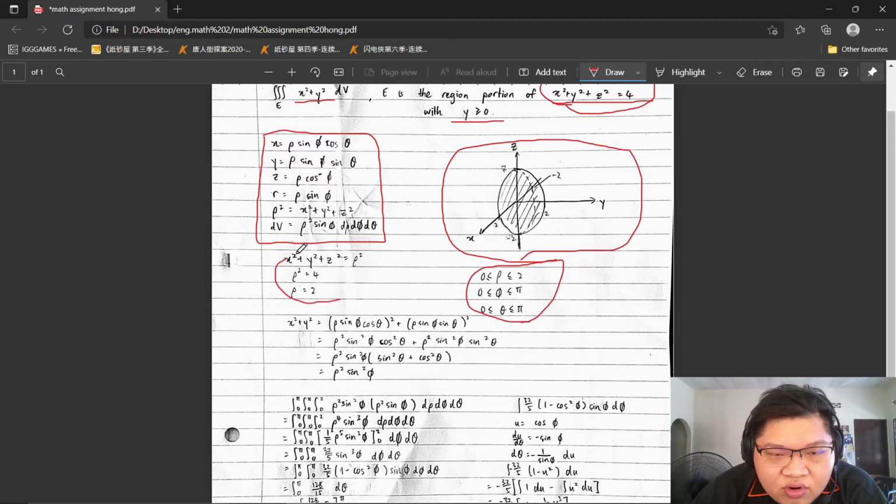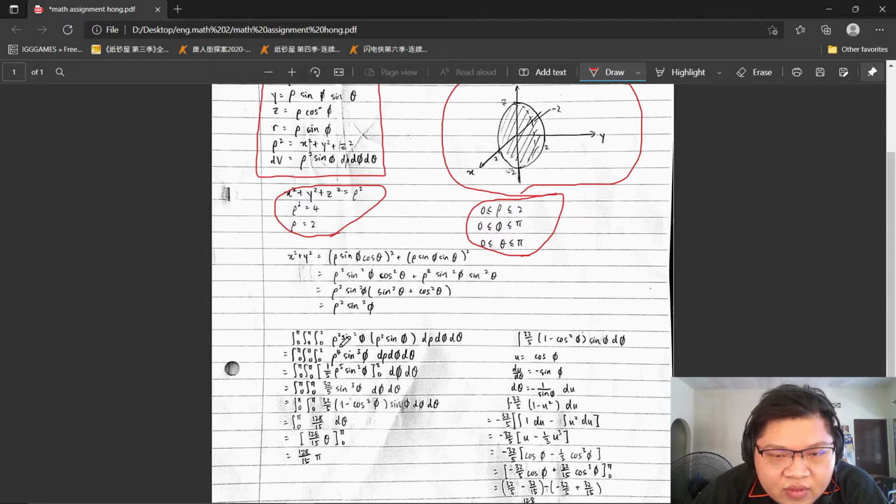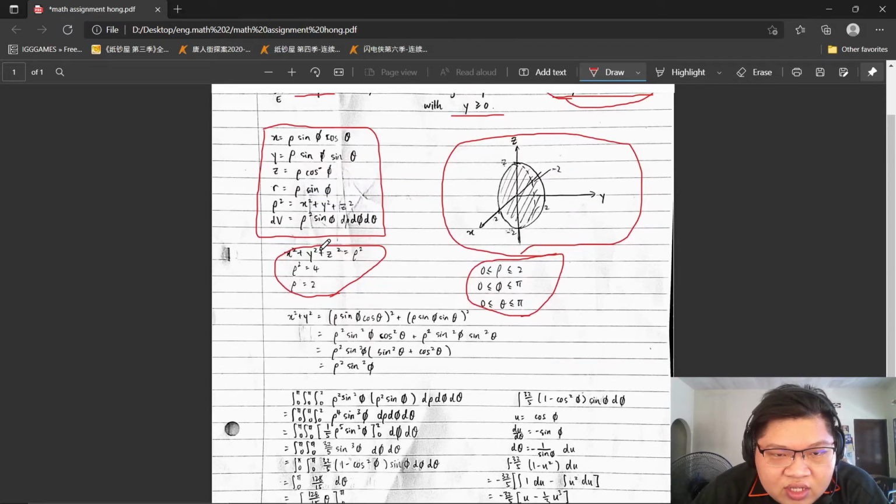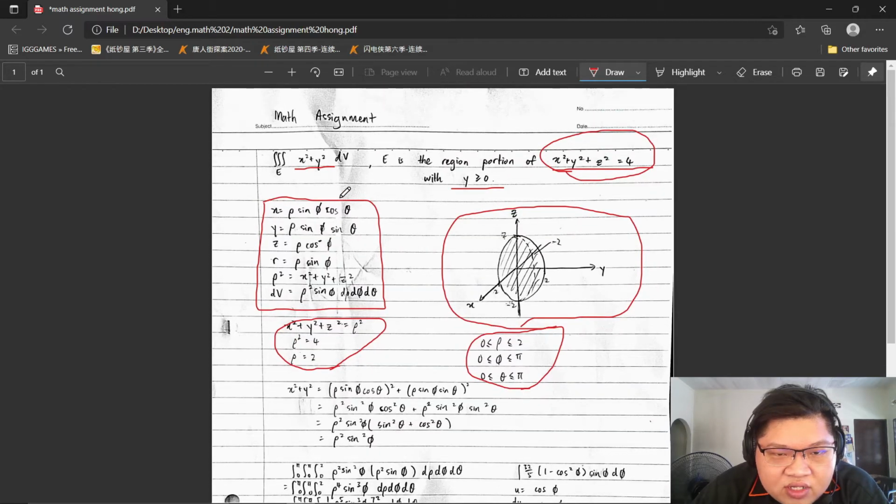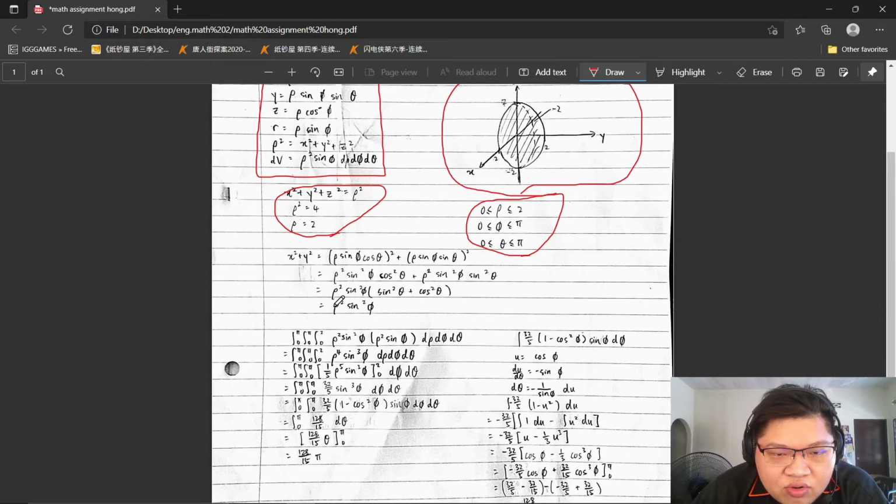To find rho, we can calculate here. Rho is equal to 2, and phi and theta we know because it is a sphere here. Then we apply the list of formulas into the equation that we need to calculate. After we substitute the values, we get x squared plus y squared equal to rho squared sine squared phi.